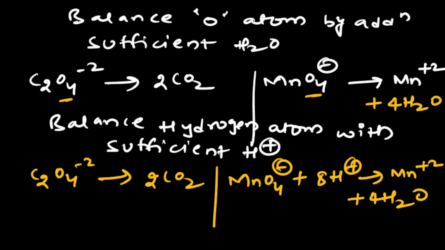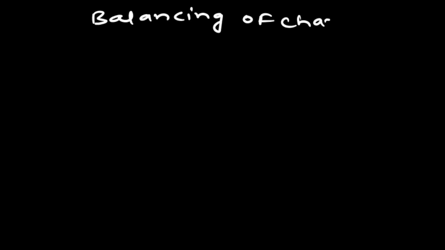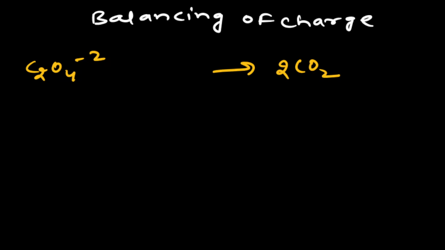Now, the very important thing, where many students make a mistake: balancing of the charge. Listen carefully to how to balance the charge. I will explain. C2O4 2- gives rise to 2CO2, right?